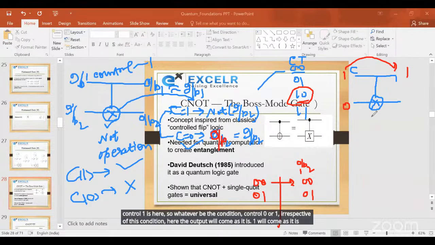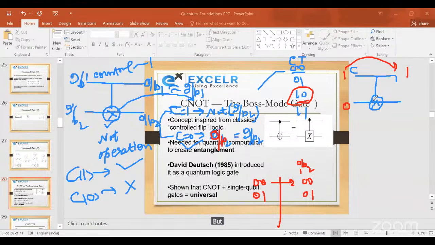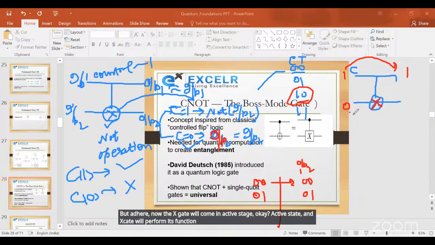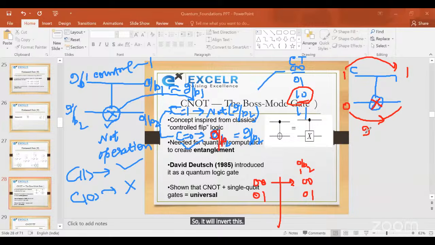But now the X gate becomes active and performs its function, which is to invert. When it inverts the 0, you get a 1. So the output is 1, 1. So for input 1, 0, the output here is 1, 1.